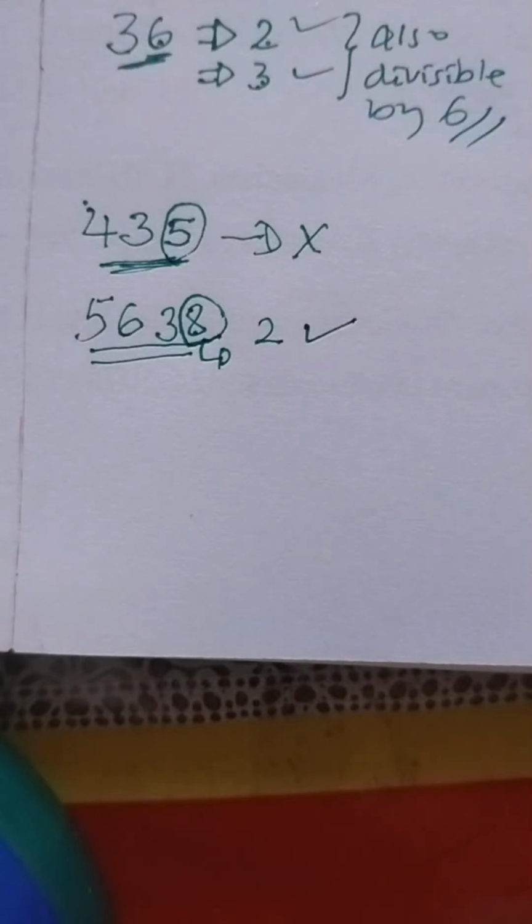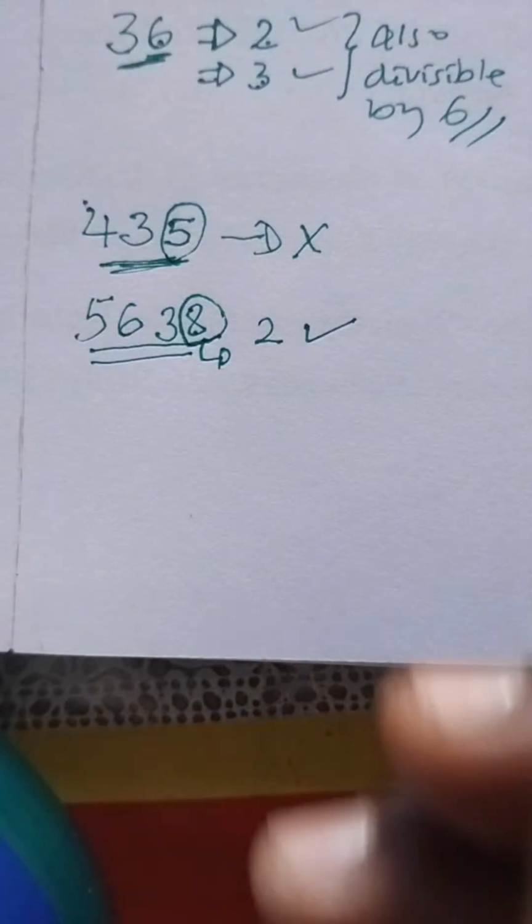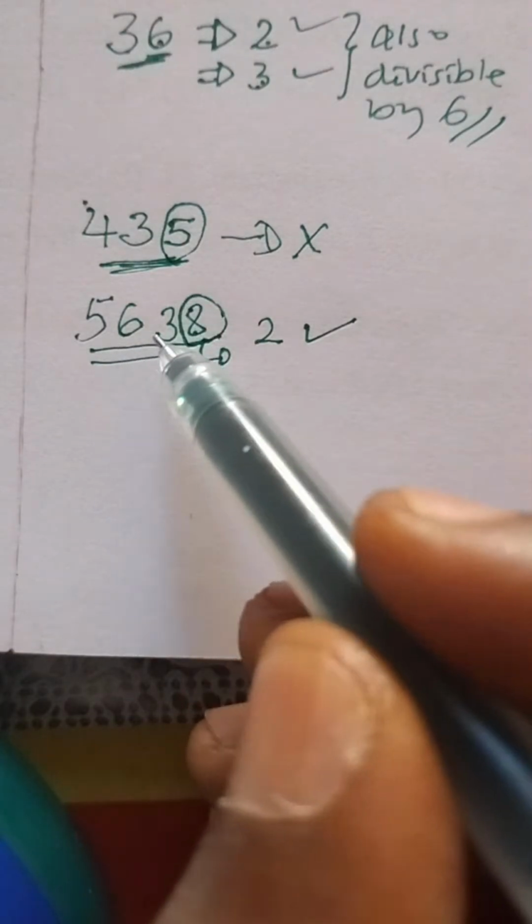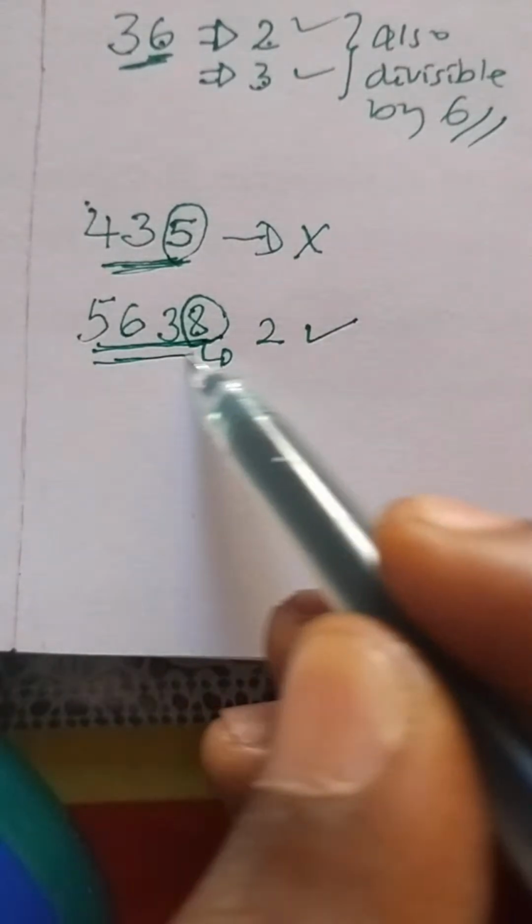Okay, one criterion is fulfilled to check whether this number is divisible by 6. The other criterion is whether it is divisible by 3. If it is divisible by 3 and 2, the number is divisible by 6. How do we check if this number is divisible by 3?